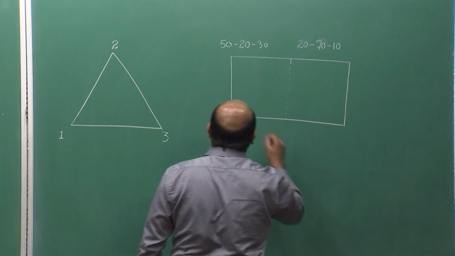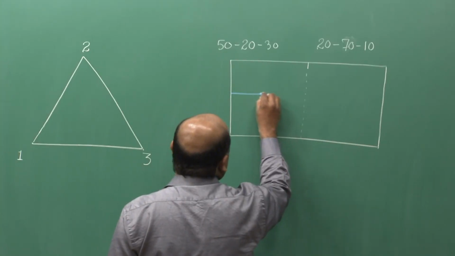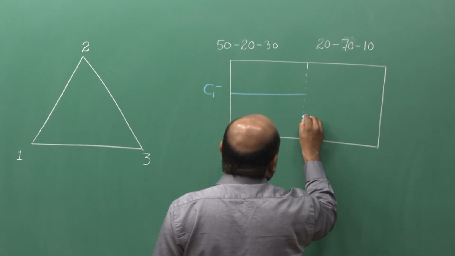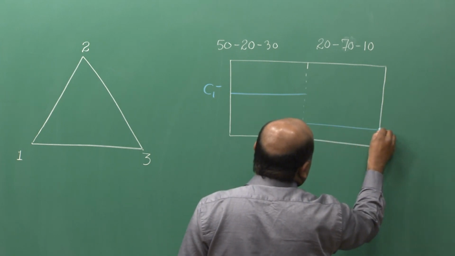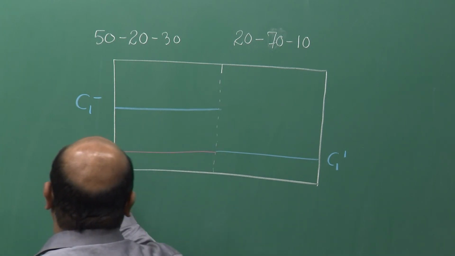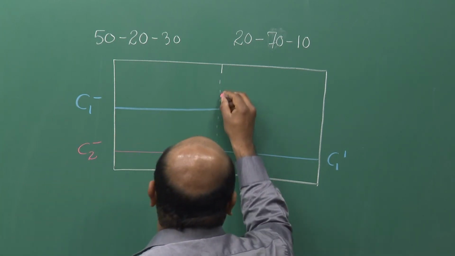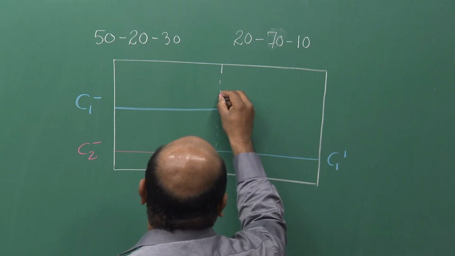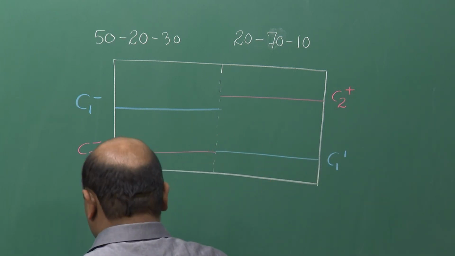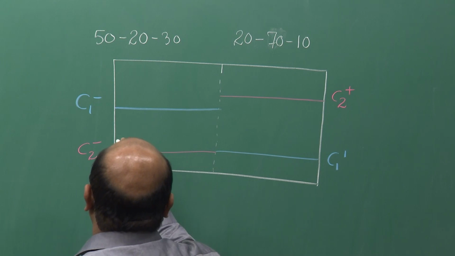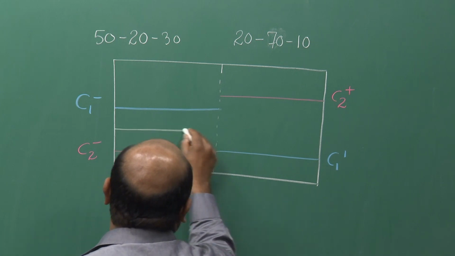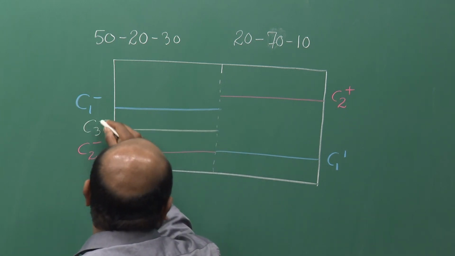So, if we draw the initial concentration profiles, this is my C1 minus, 50 and 20, this is C1 plus, this is C2 minus, 70, this is C2 plus, and 30, C3 minus, C3 plus.